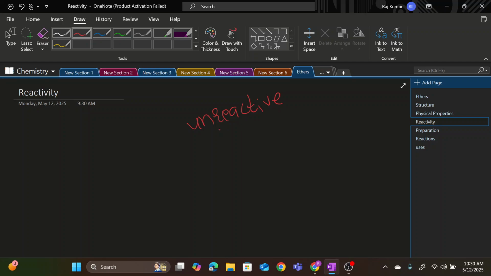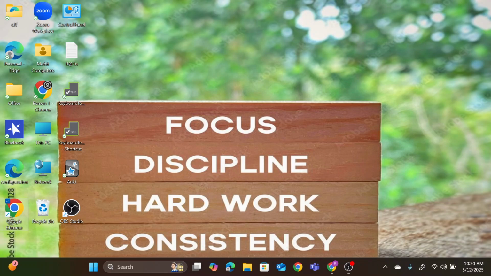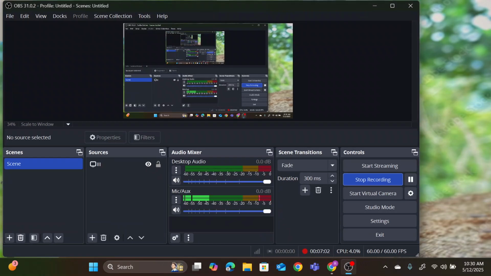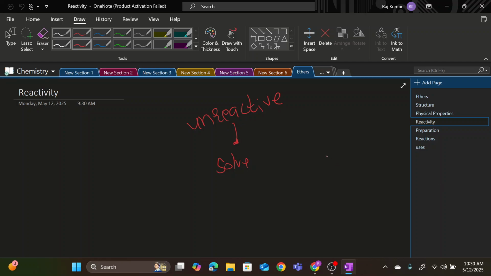Because of its unreactivity, we use ether for a lot of different purposes, like solvent, and we use lower ethers for anesthesia. Why? Because these are very unreactive. So this is an important thing, and alongside that they are anesthetic.